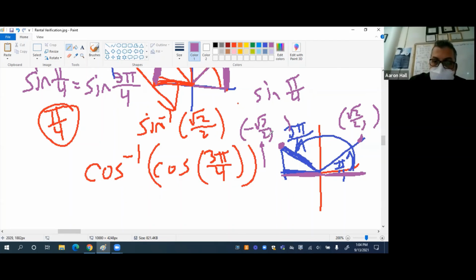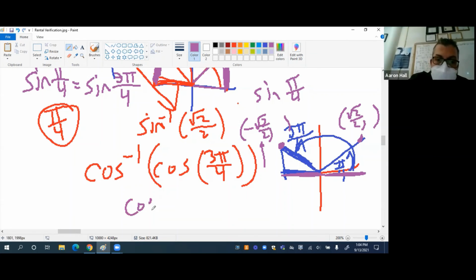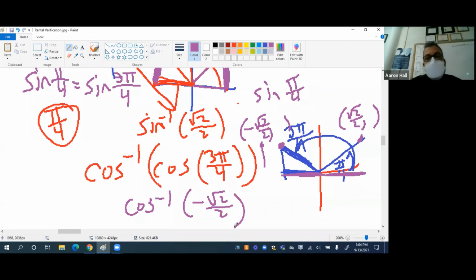So if I want to replace all of this, it is replaced by negative the square root of 2 over 2. That gives me the inverse of cosine of negative the square root of 2 over 2. So where is negative the square root of 2 over 2 for our x value? There are two locations. In what quadrants is cosine negative?